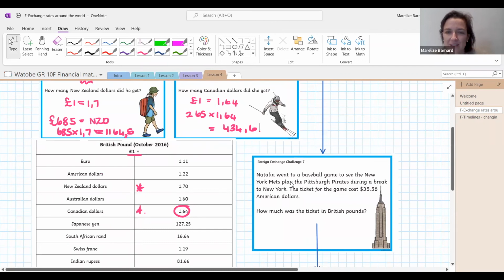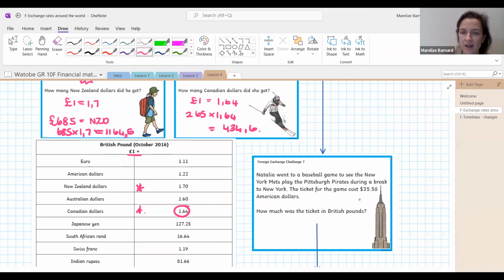Natalia went to a baseball game to see the New York Mets play the Pittsburgh Pirates during a break to New York. The ticket for the game cost $35,58 American dollars. So how much was the ticket in British pounds?